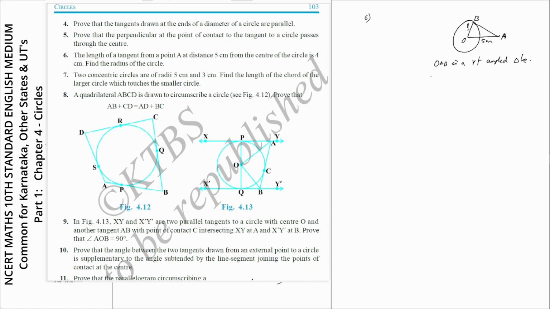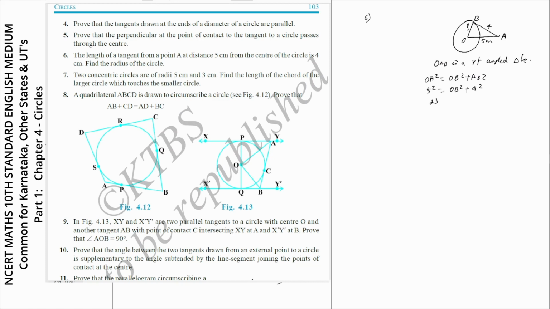Therefore, square of the hypotenuse OA square is equal to OB square plus AB square. OA square is 5 square, OB square we don't know, plus AB square, length of the tangent is 4 centimeter, so this is 4 square.